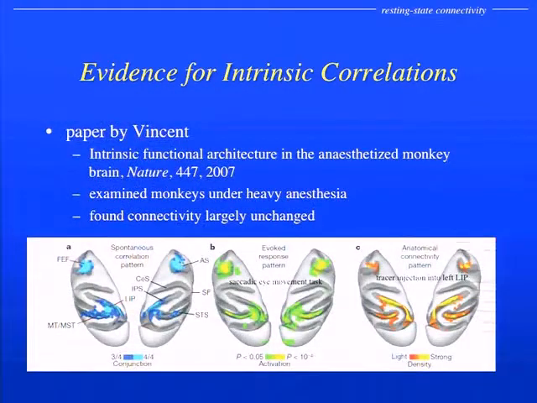They did validation experiments, with an activation task and a tracer injection, and they get the same circuitry of the frontal eye fields to the visual cortex in all three approaches, validating that these are meaningful connections.